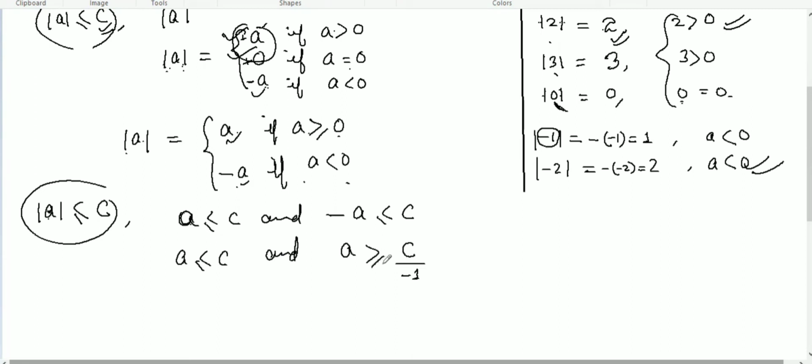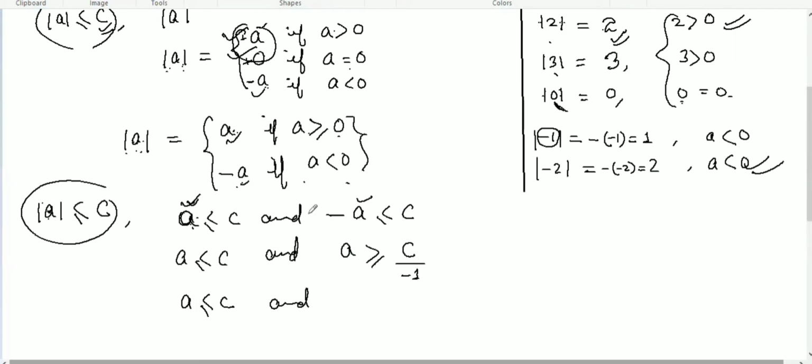So A will be less than or equal to C. The absolute value of A is giving you A, and the absolute value of A is giving you minus A as well. The absolute value of A is equal to A, and also equal to minus A, but here the absolute value of A is less than or equal to C.